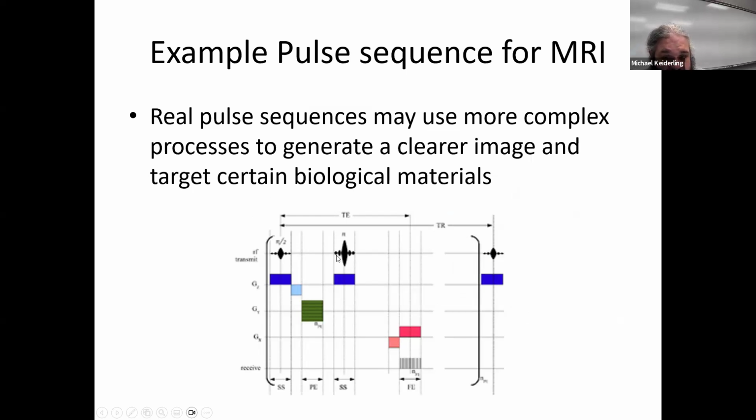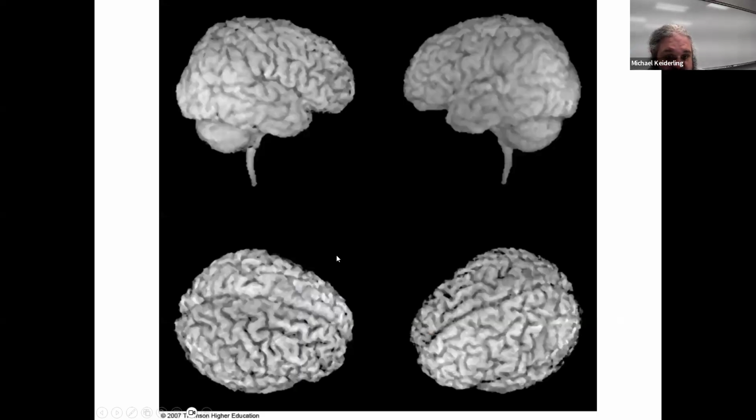So as you can see, these pulse sequences can be quite complex. And this allows you to get 3-dimensional images of stuff in quite possibly the least intrusive method possible. So MRIs give great images, are not very intrusive, but they are expensive.